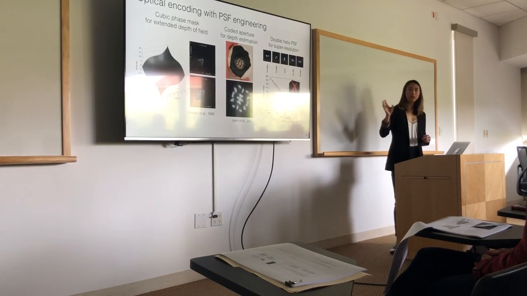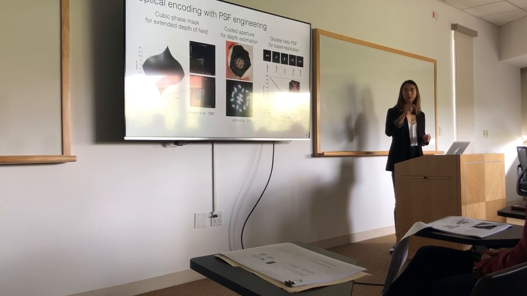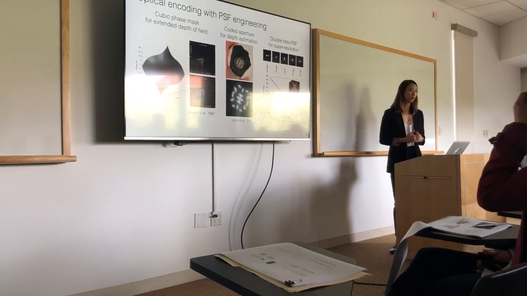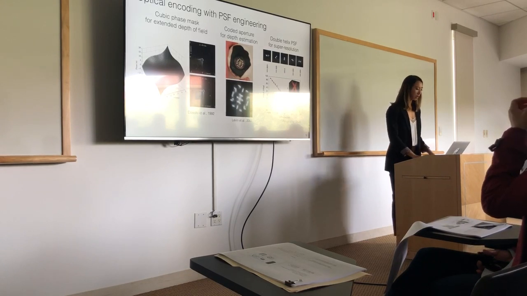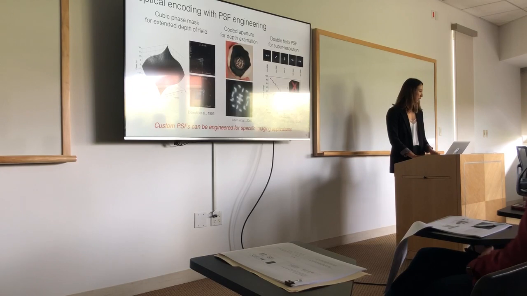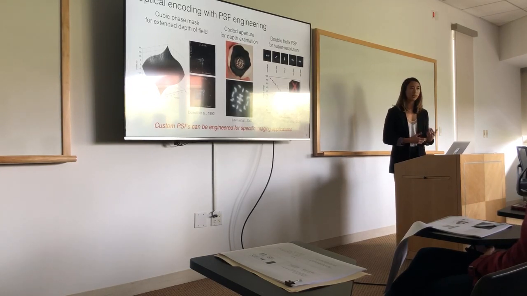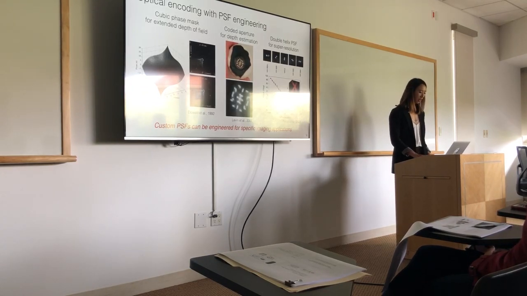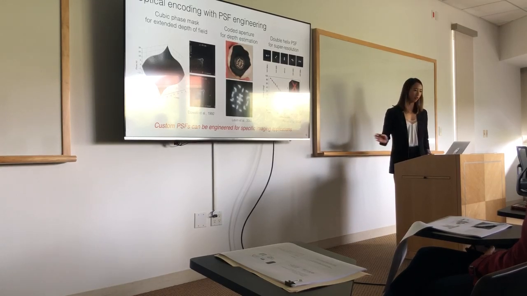In this case, the depth of your fluorescent emitter is encoded in the rotation of those 2 points, and that's how we can encode super resolution depth information into our image. All of these examples are showing how custom PSFs can be engineered for specific imaging applications, and this is an idea that we're going to take advantage of throughout all of the projects that I'll discuss now.